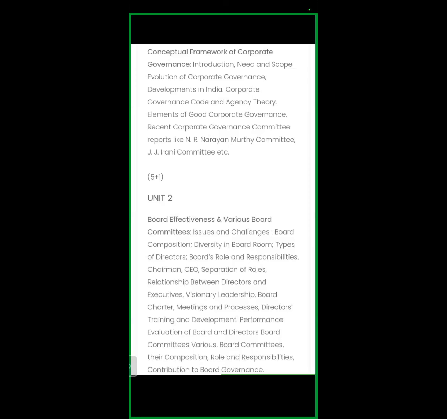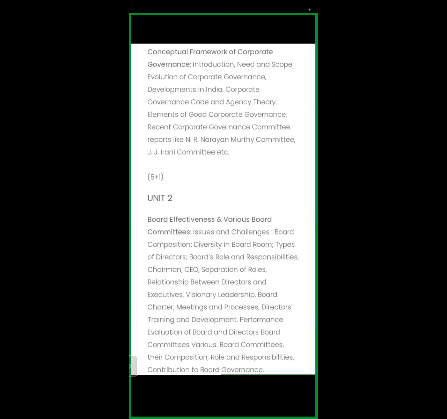The act or the law which regulates this corporate governance is the Companies Act. Last year in semester one, we had discussed about the Companies Act in legal aspects of business. There we had discussed about two acts, the Companies Act 1956, and then the new Companies Act came up in the year 2013.